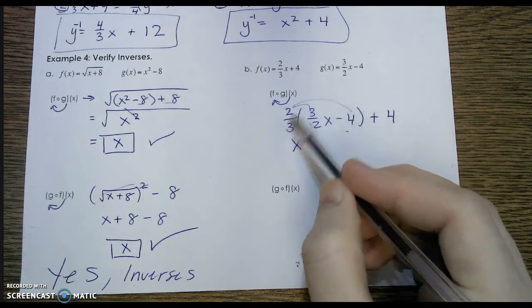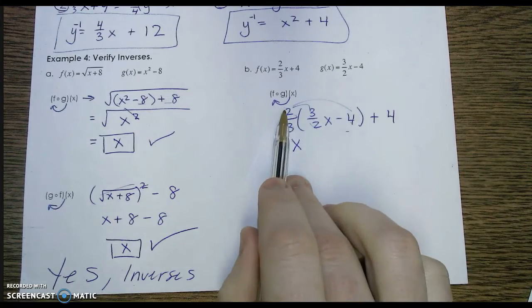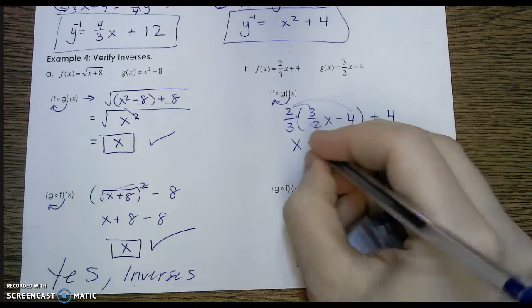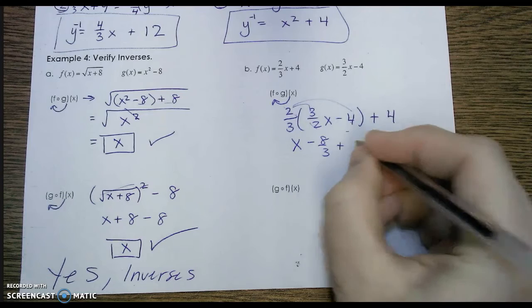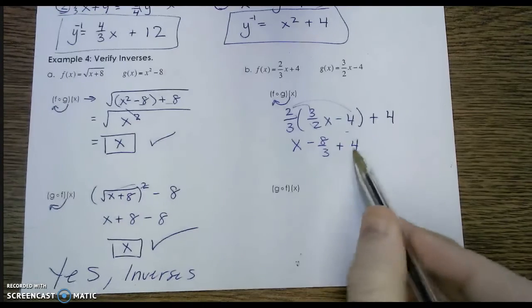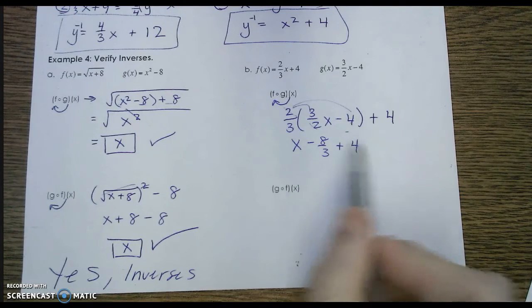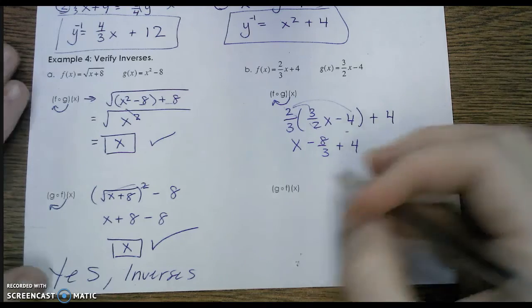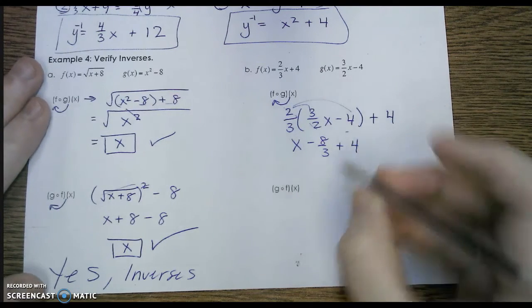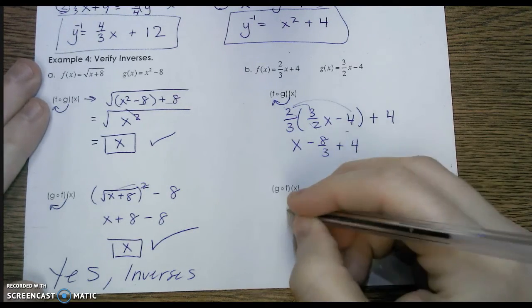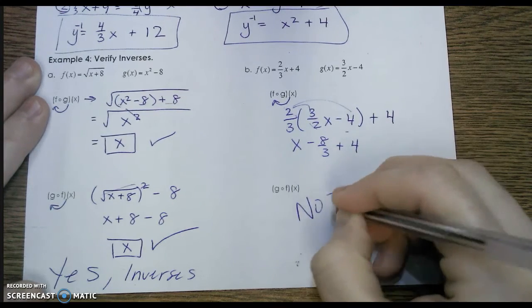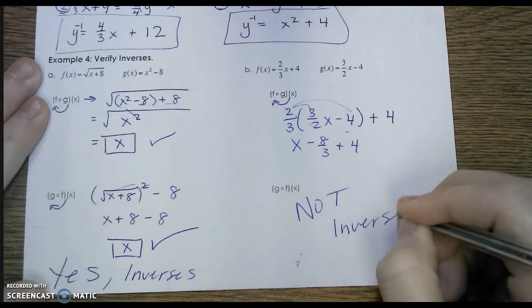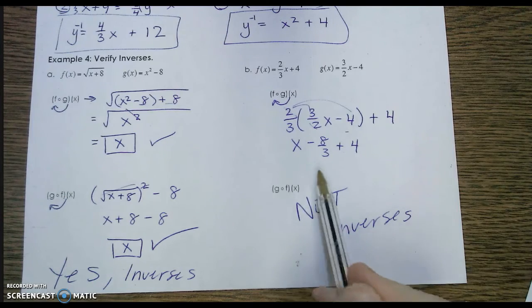If I distribute 2/3 onto my 4, I'm going to get -8/3. And now 4 and -8/3 do not reduce down to x, so these will not equal x. That means I don't even need to test this one. So this is not inverses, because I cannot get it down to just x.